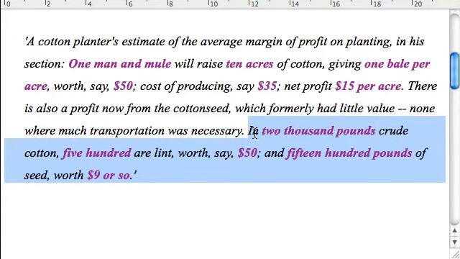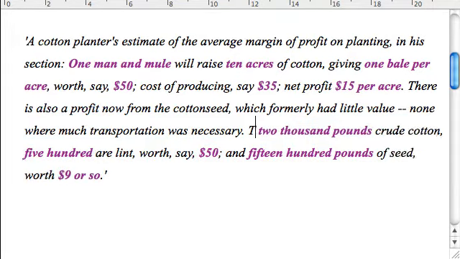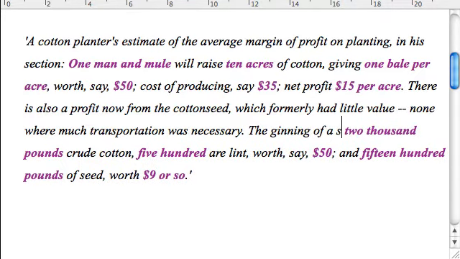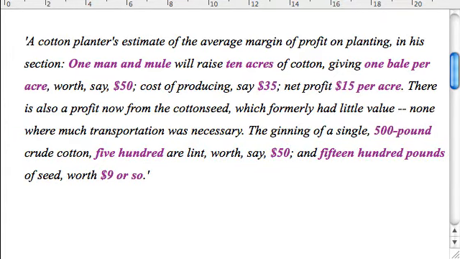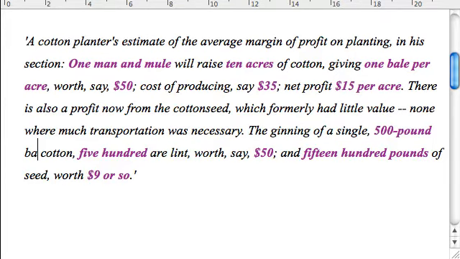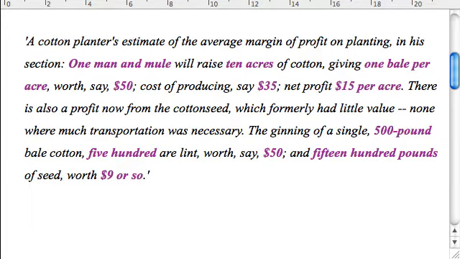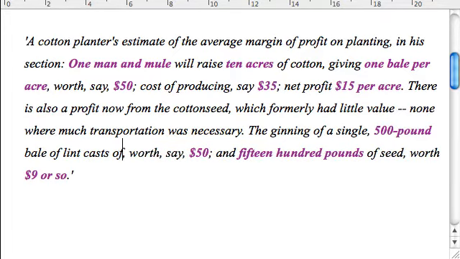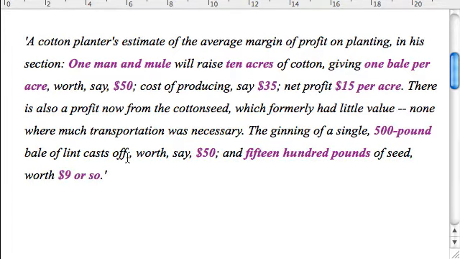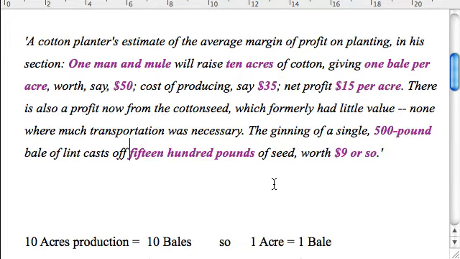We could say, the ginning of a single 500-pound bale of lint casts off 1,500 pounds of seed worth $9 or so.